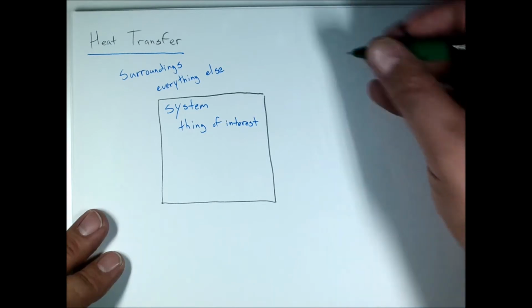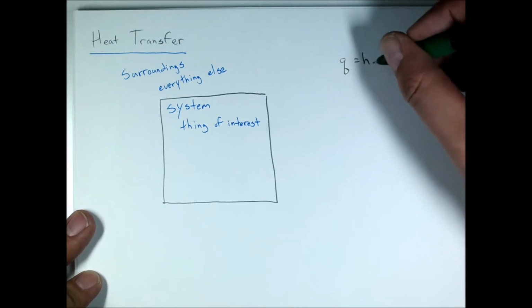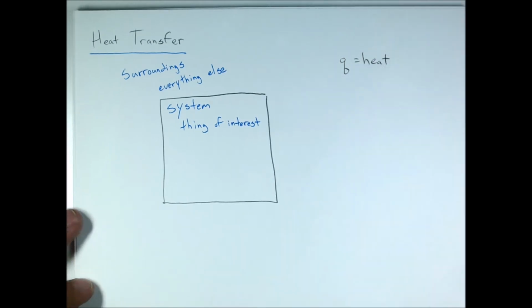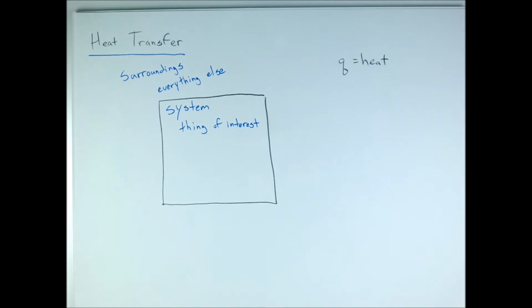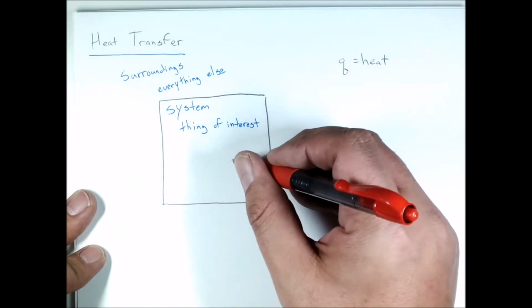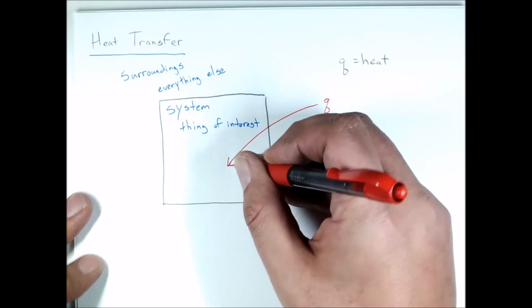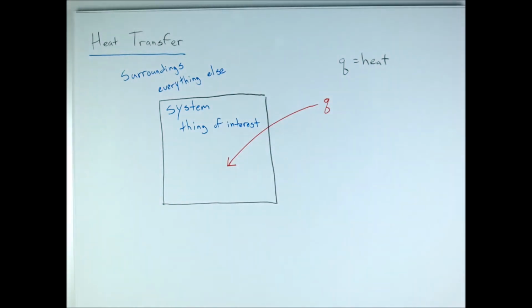So with that in mind, we like to use the letter Q for heat, and we'll use that to talk about the direction in which heat is moving. All right, so suppose we had some situation where heat was going into the system. So heat is going that way.